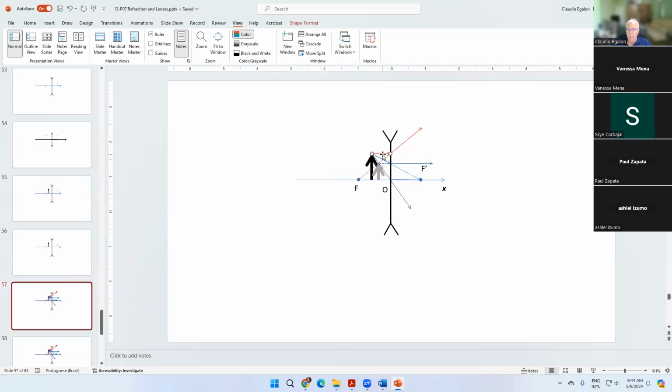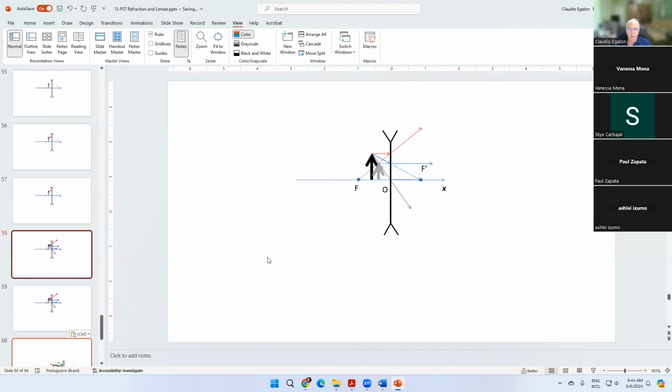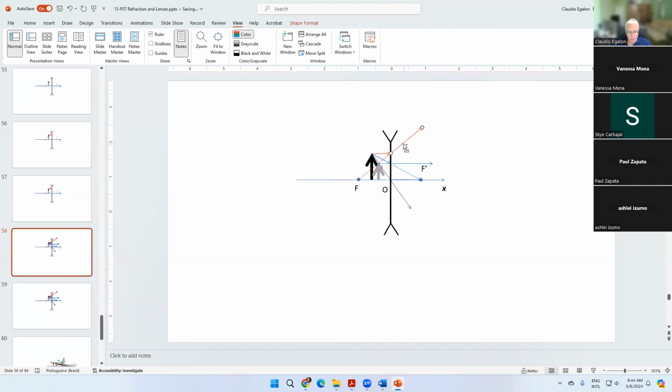Light rays parallel to the principal axis end up diverging by the negative lens. If we want to find out the position of the image, we're going to need another light ray.